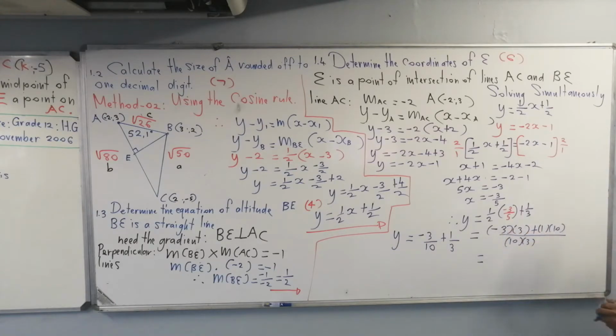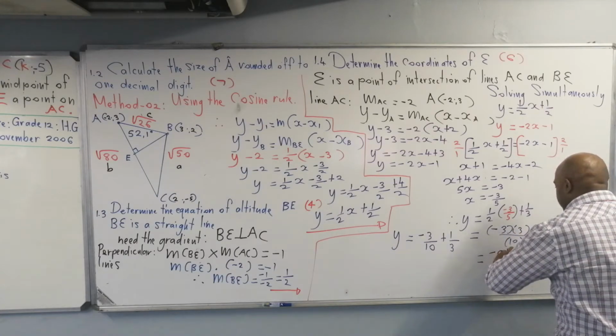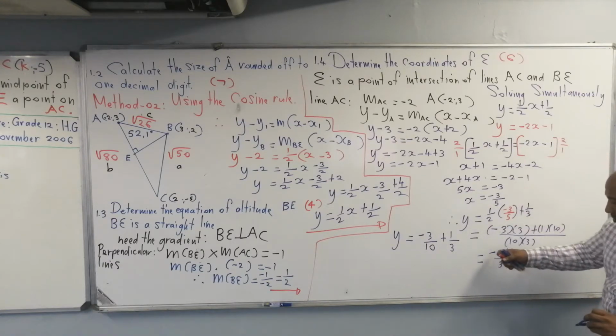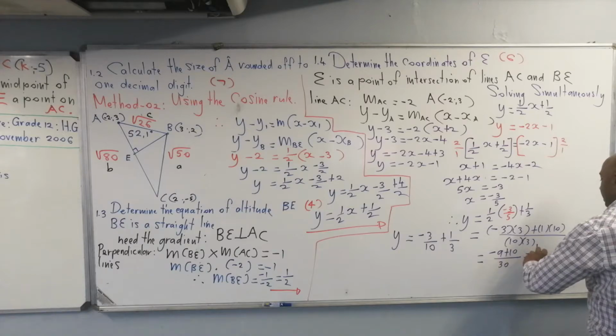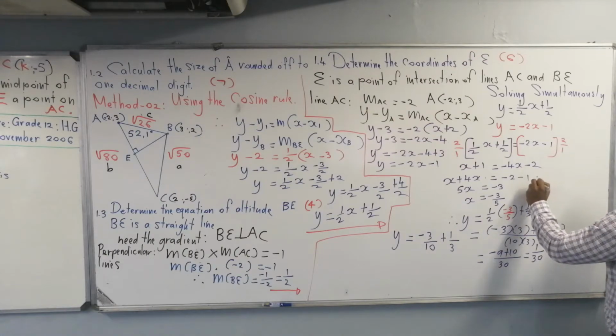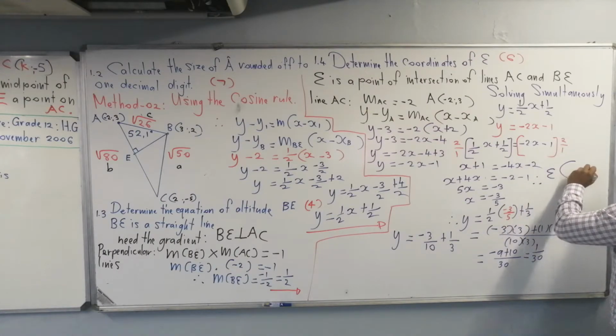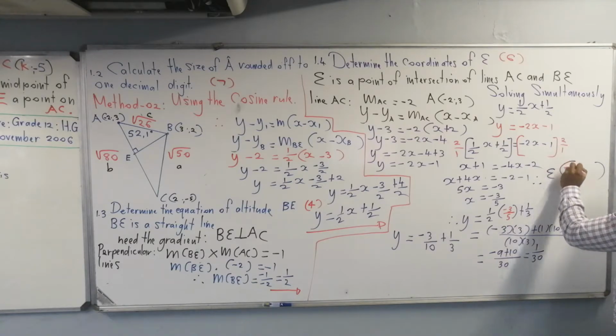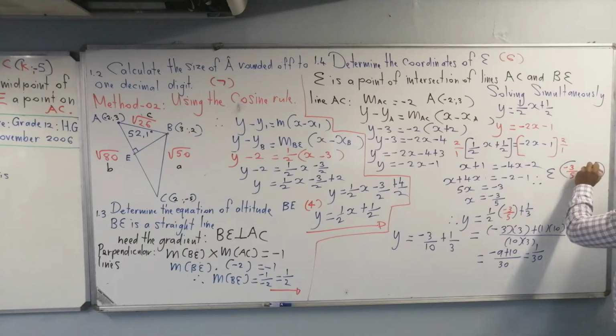Minus 3 times 3, let me just write that down, is going to be minus 9 plus 10 over 30. So 10 minus 9 is going to be 1 over 30. Okay, so therefore, the coordinates of E, we got minus 3 over 5, 1 over 30.